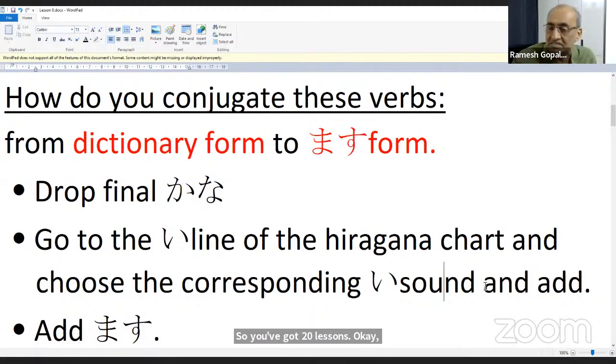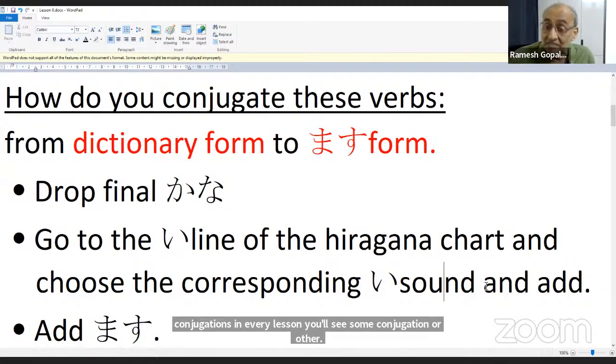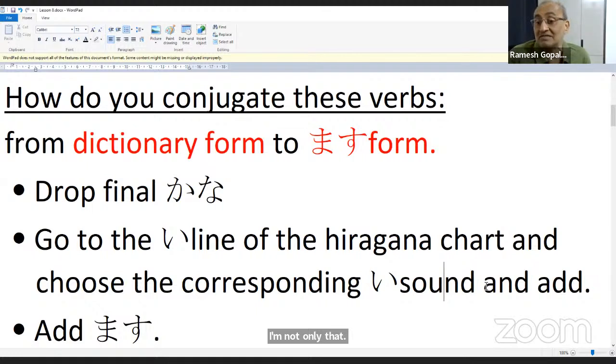In every lesson, you will see some conjugation or other, and this will go on even in the next level, where you will see so many other forms. So this lesson, you will see 2 forms, dictionary form and mass form.